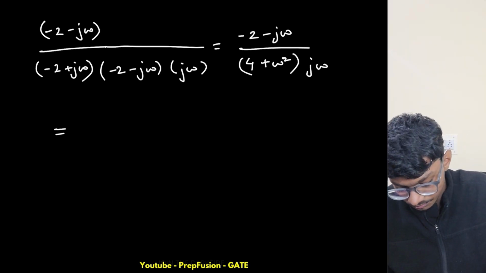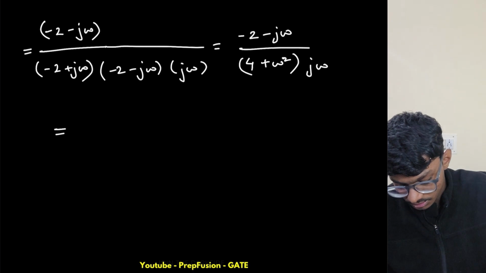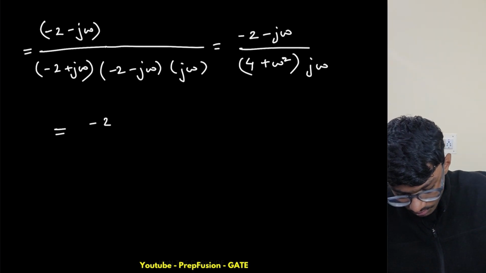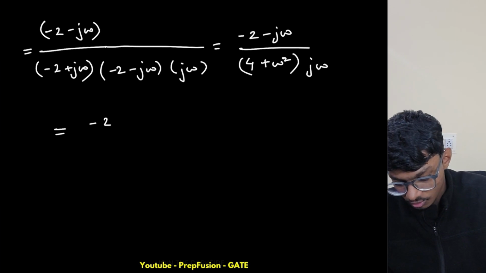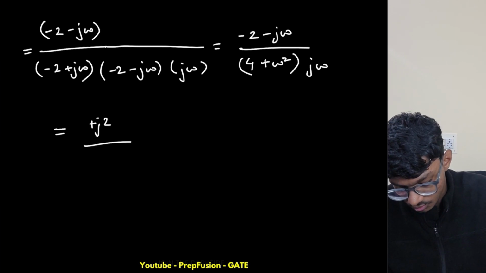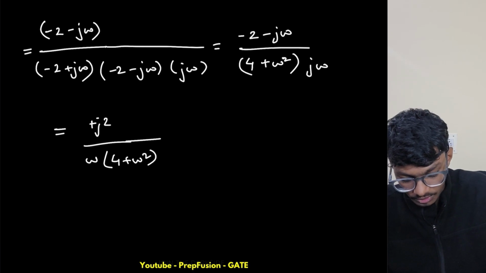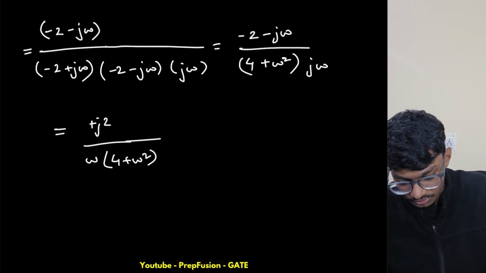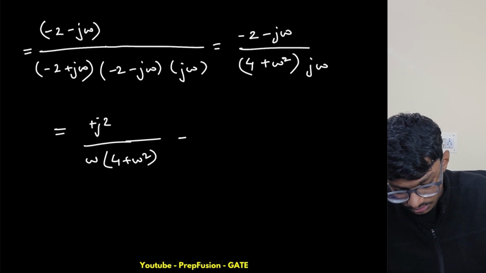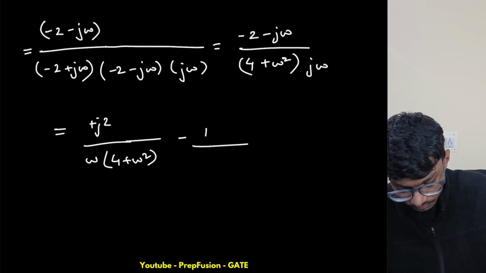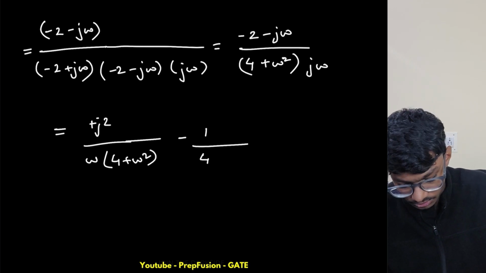So this becomes minus 2 by omega, and this j goes above, so it becomes plus j 2 by omega, times 4 plus omega square. This minus j omega gets cancelled, so this is basically minus of 1 divided by 4 plus omega square.